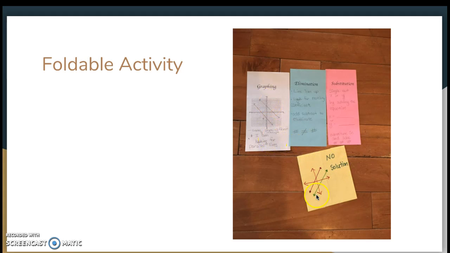And we did a foldable for no solution, for one solution, so when you get the ordered pair, which is really what we were finding 95% of the time, and for infinite solutions where you just would have one line in your graph, you line them up and your number does equal your number. So with infinite solutions, there were always two matching numbers, and that was something we were looking for.